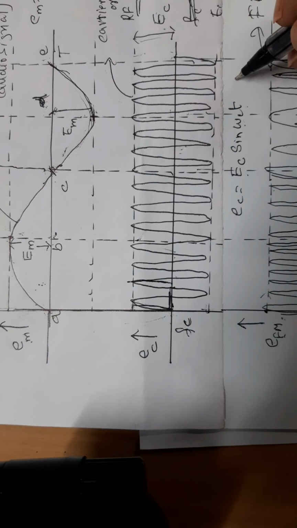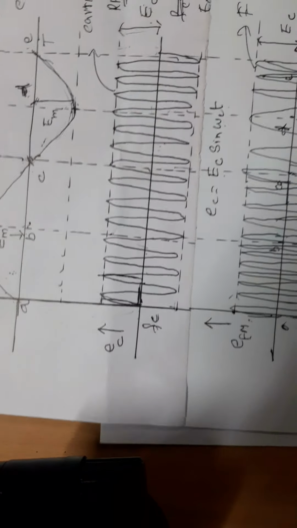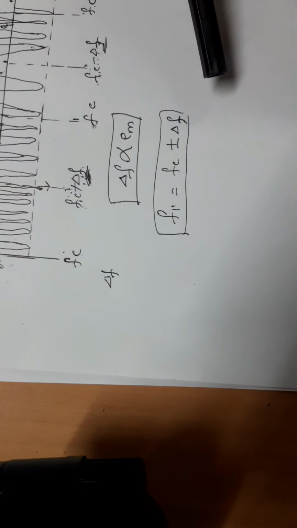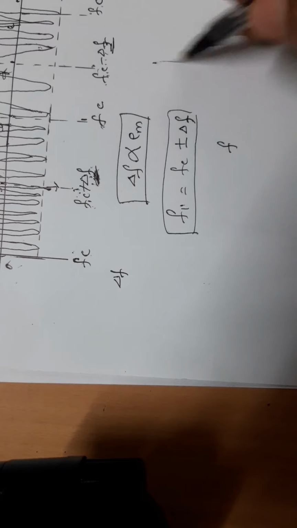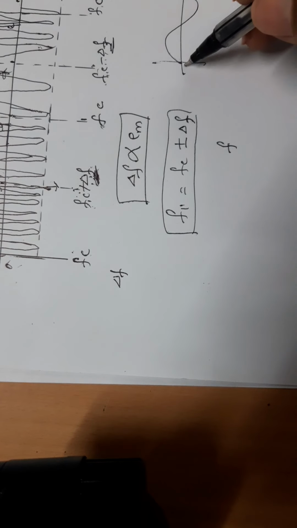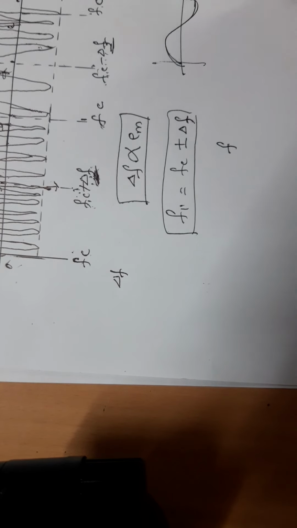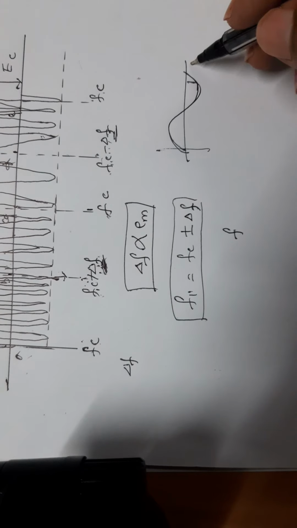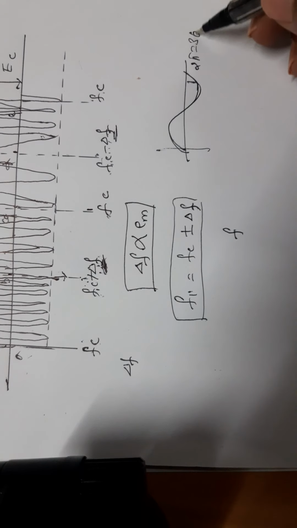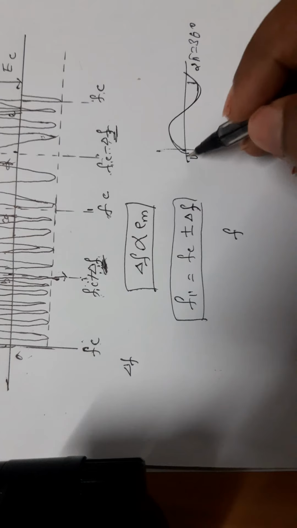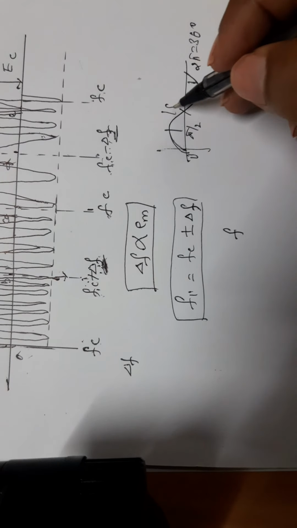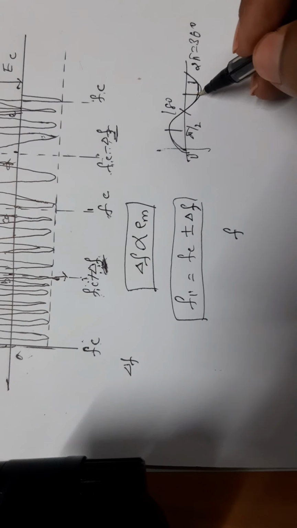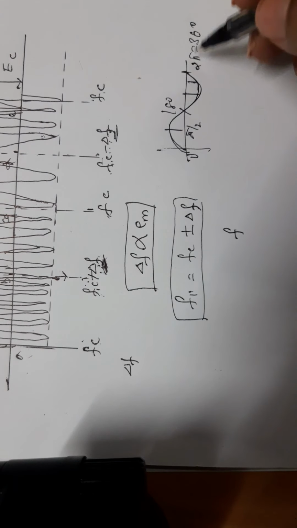And it is to be noted how angular frequency is obtained. If f is the linear frequency, what is the total angle of a wave? The total angle of a wave is 2 pi, that is equal to 360 degrees. This is 0 degree, this is 90 degrees, that is pi by 2. This is 180 degrees, this is 270 degrees, and this is 360 degrees, that is 2 pi.